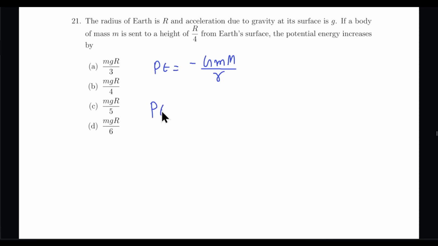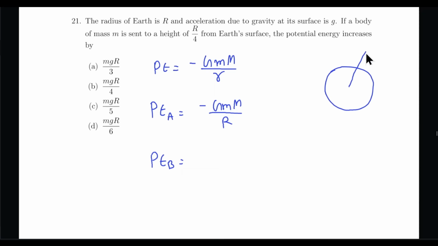At the surface in situation A, it is just negative GMm over capital R. And in situation B, it is r over 4 from the Earth's surface. This means its total distance from the center will be r plus r over 4, which is 5r over 4. So this will be negative GMm over 5r over 4, which is just negative 4/5 of GMm over r.